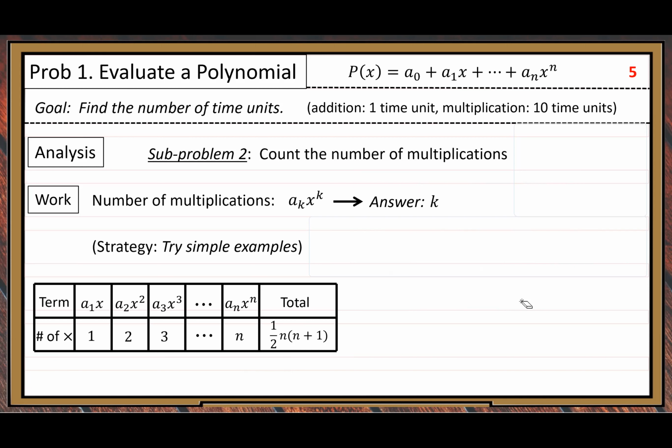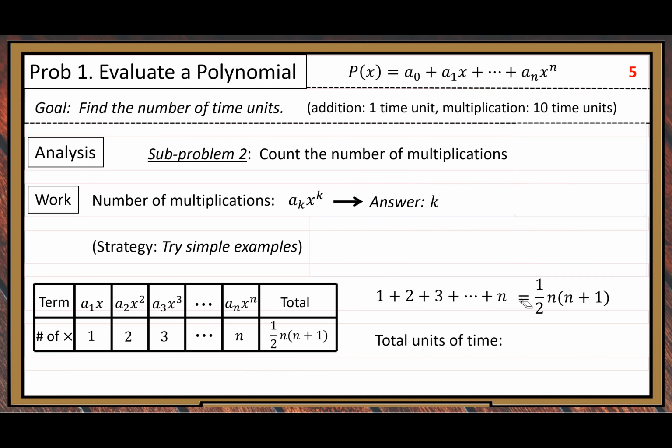Can we get the number of time units? Because we already know the number of additions and the number of multiplications, can we calculate our final total number of time units based on our assumption? We need to calculate the total number of time units. For the addition part, the contribution from addition is n units.